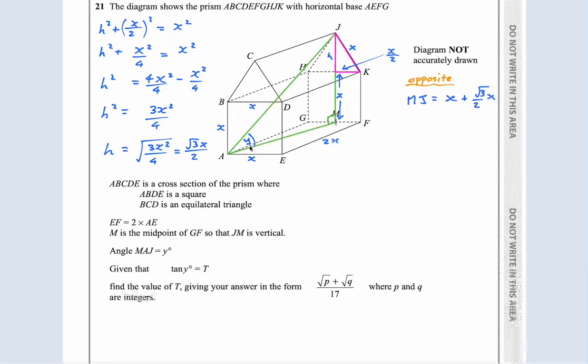So now let's find the adjacent. How are we going to find it? Well, we're going to find it using this triangle here. Now that goes to here. That's the midpoint there. This goes to here. And now we have this triangle at the bottom. Let me try and draw it for you.